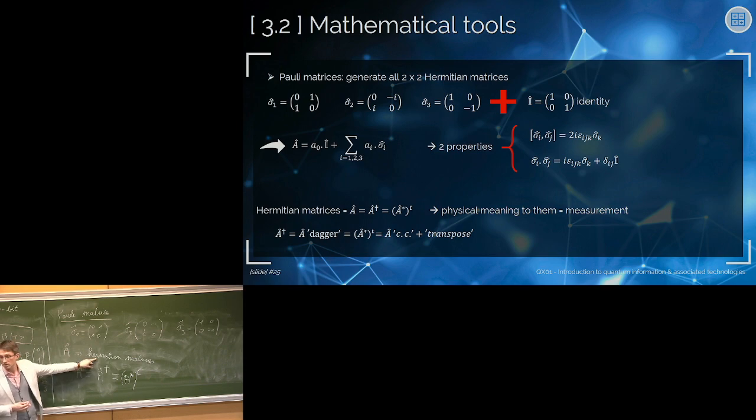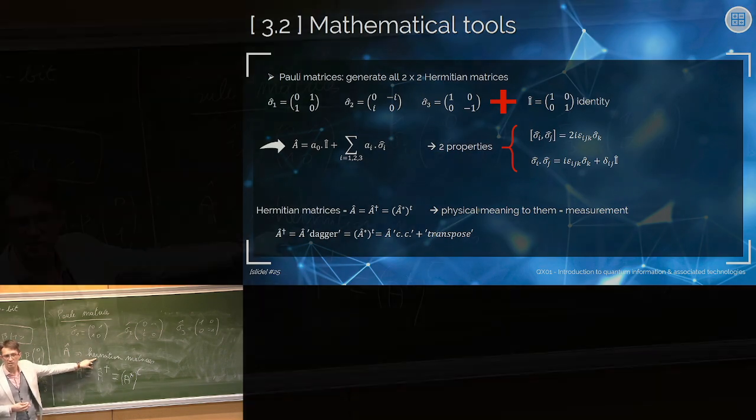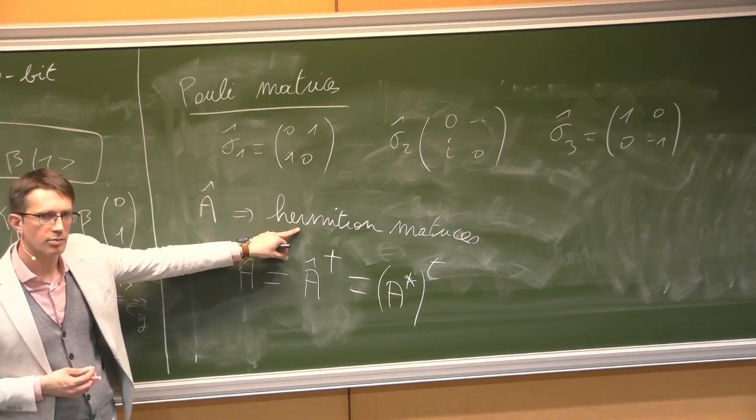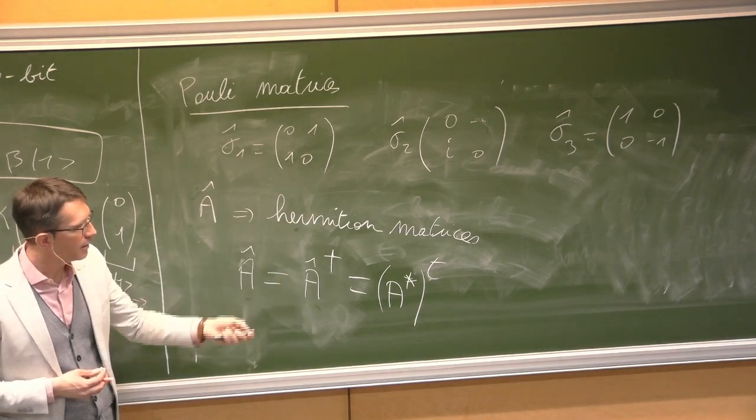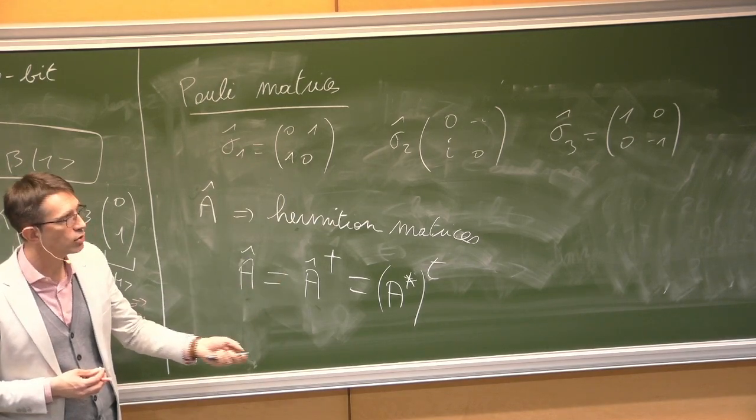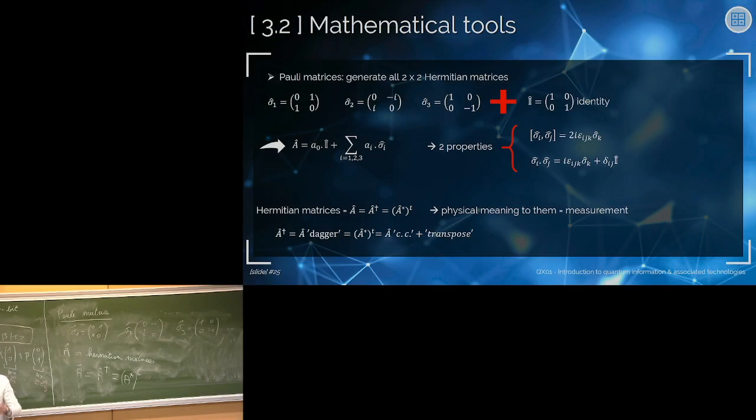And so the question you may ask is, okay, and so what? How is that good? Well, it is good because, as I said, there is a physical meaning behind it.